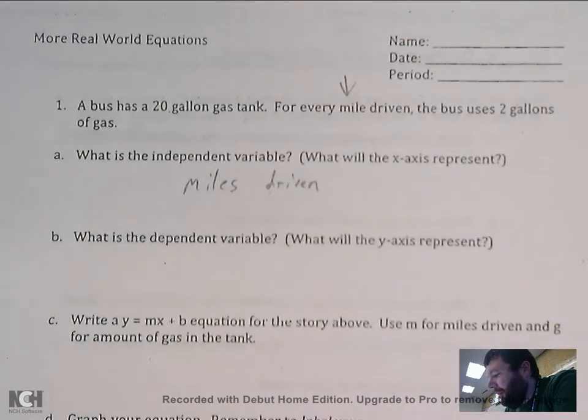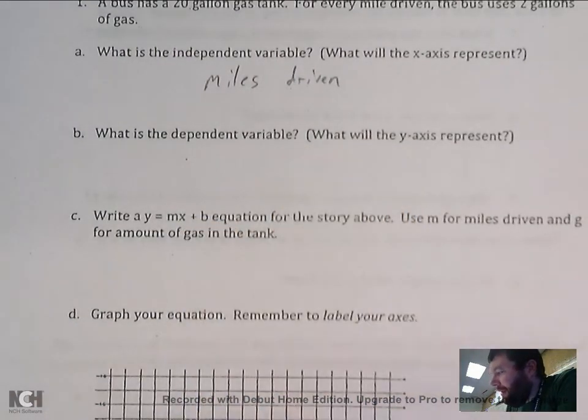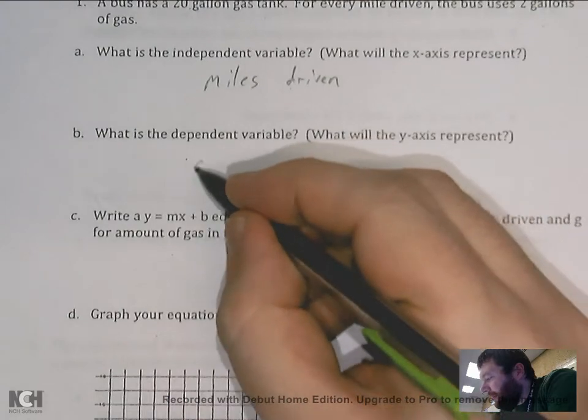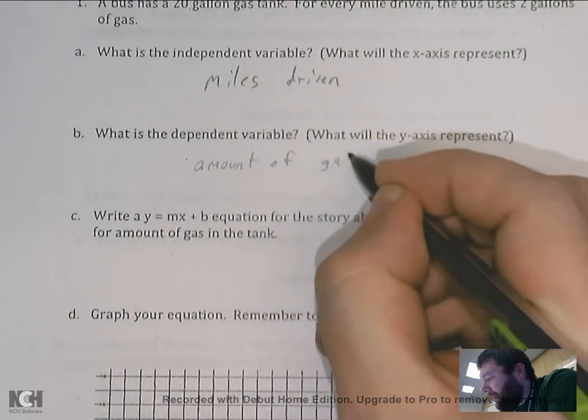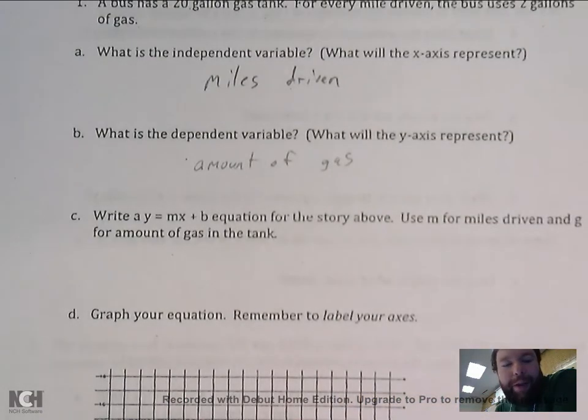The dependent variable is the amount of gas, because again, if you don't drive any miles, you have the same amount of gas. The gas is dependent on how many miles you drive. That's the difference between independent versus dependent.